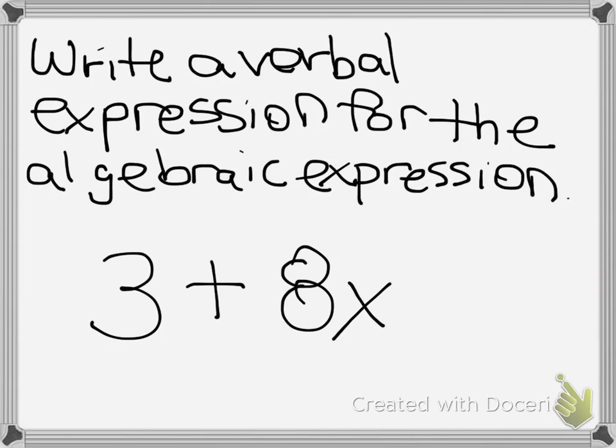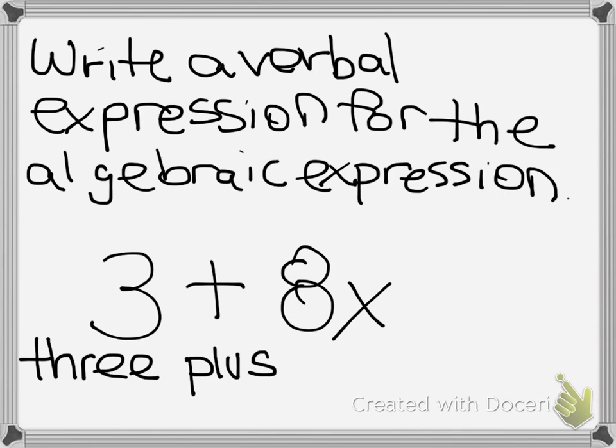This basically means that you're just writing out this algebraic expression in words. So I would translate the number 3 into the word 3, then translate my addition sign into a word that means the same thing as addition, so 3 plus.